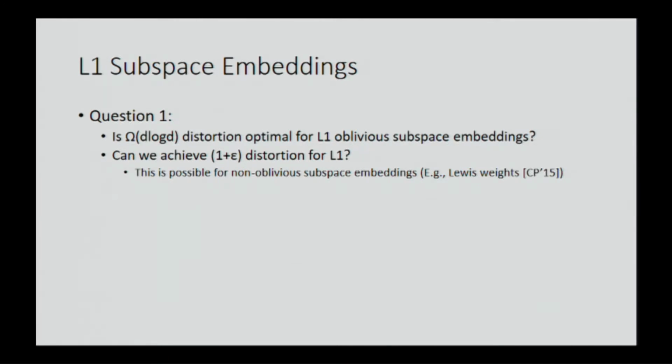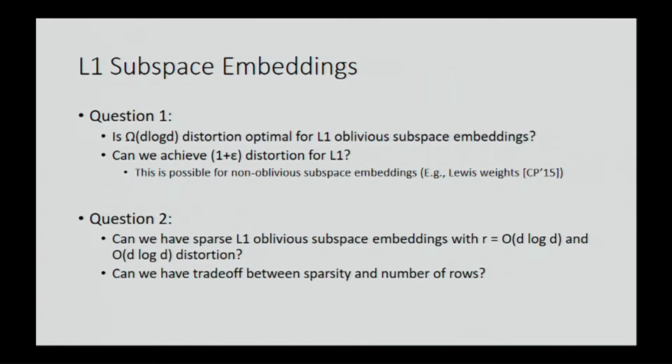I want to mention that if your subspace embedding is non-oblivious, then you can do a special kind of sampling called Lewis weight sampling, that Richard and Michael Cohen had a nice paper on. These are special sampling properties that depend on your matrix. But I want to ask for oblivious sketching matrices, which have applications to things like distributed computing and streaming. Can I get 1 plus epsilon distortion?